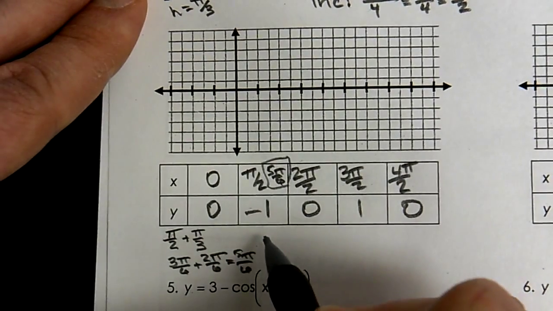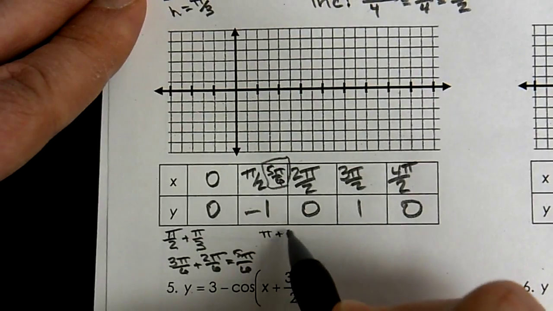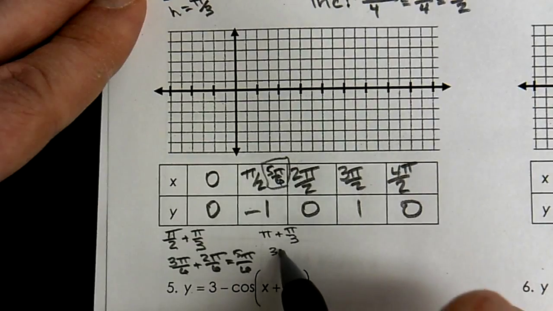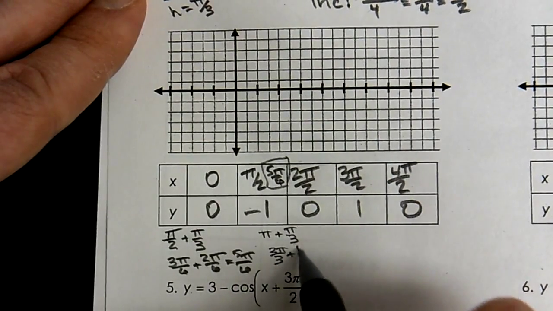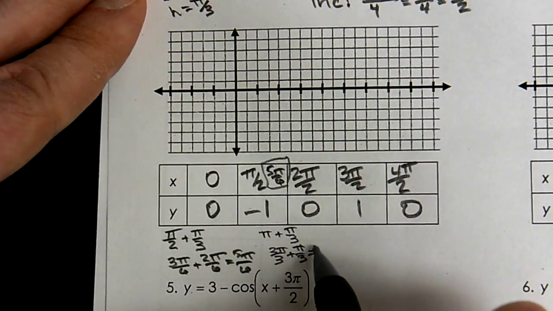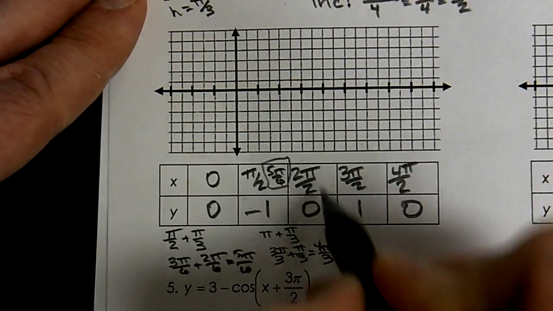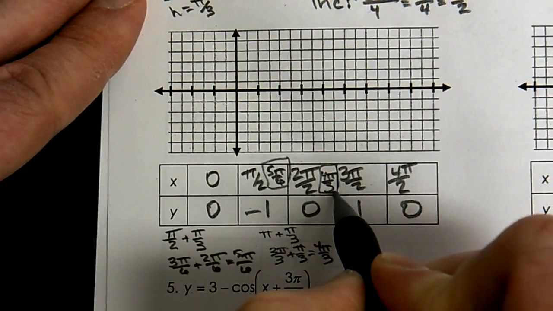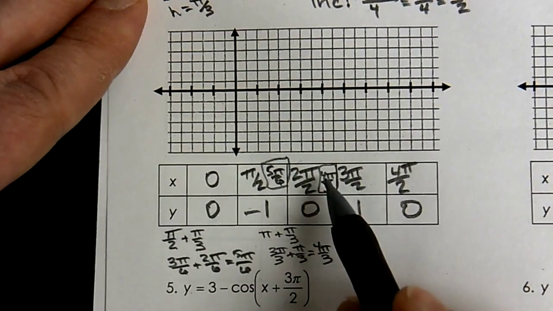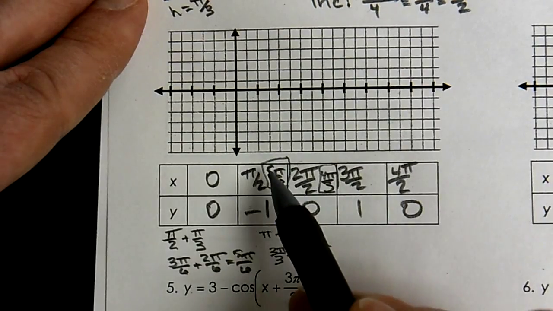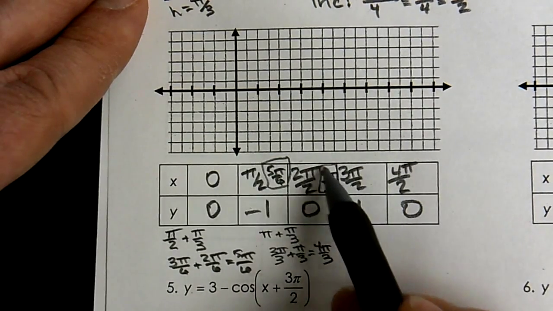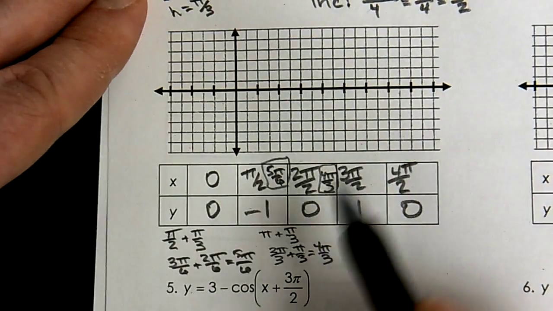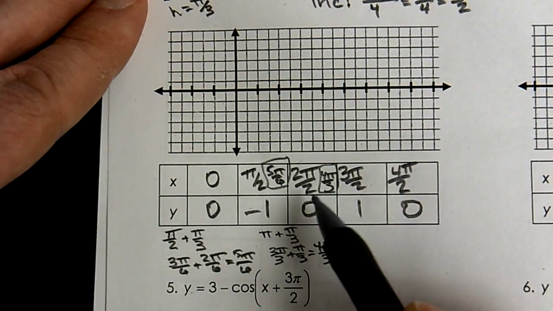The next one is pi. And we're going to add pi over 3. We need common denominators. So we get 4 pi over 3. Look at how this is really 8 pi over 6. So that went up by 3 pi over 6, which is really pi over 2. So it did climb by the same increment.